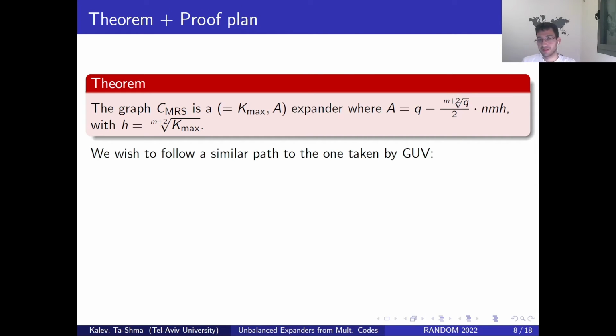So now let's try and prove this theorem, and what we wish to do is to follow a similar path to the GUV one. We let T be a set of right vertices of size at most K max.